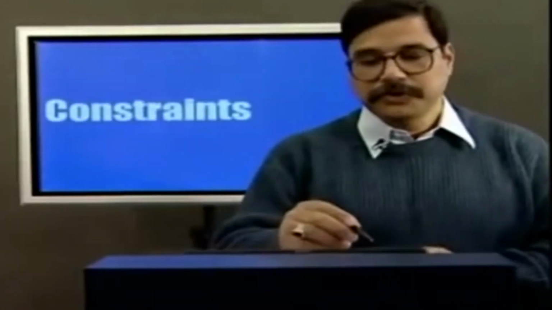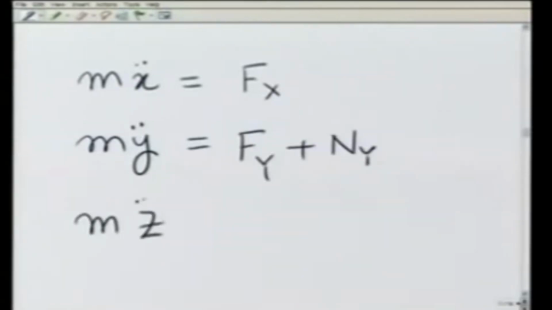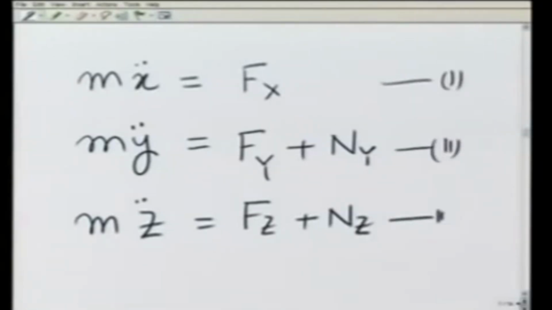With these components of the forces, the equations of motion of this particle are going to be m x double dot equals Fx because Nx is 0, m y double dot equals Fy plus Ny, and m z double dot equals Fz plus Nz. These are three equations of motion that I get from F equals ma.